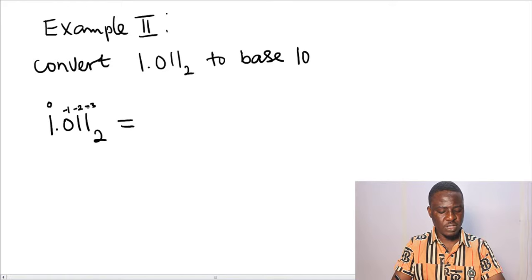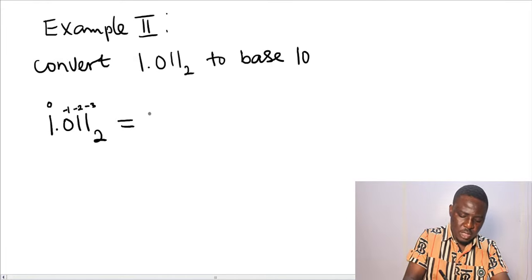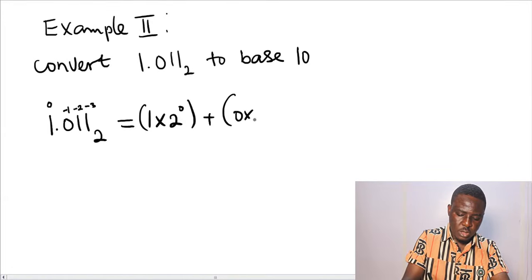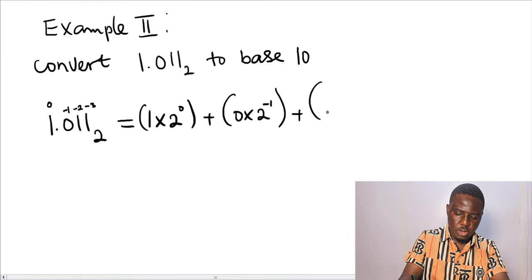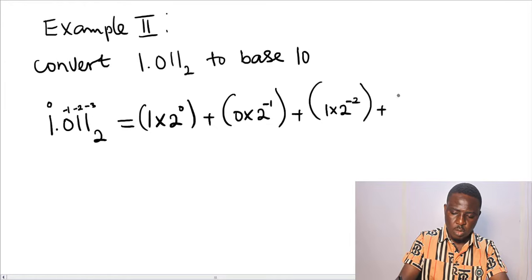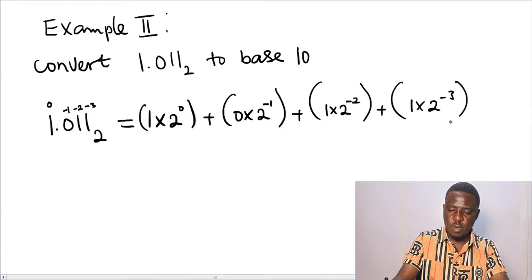So you multiply each of these digits by the base, all raised to the power of their place values. This becomes 1 times 2 raised to the power of 0 plus 0 times 2 raised to the power of -1 plus 1 times 2 raised to the power of -2 plus 1 times 2 raised to the power of -3.